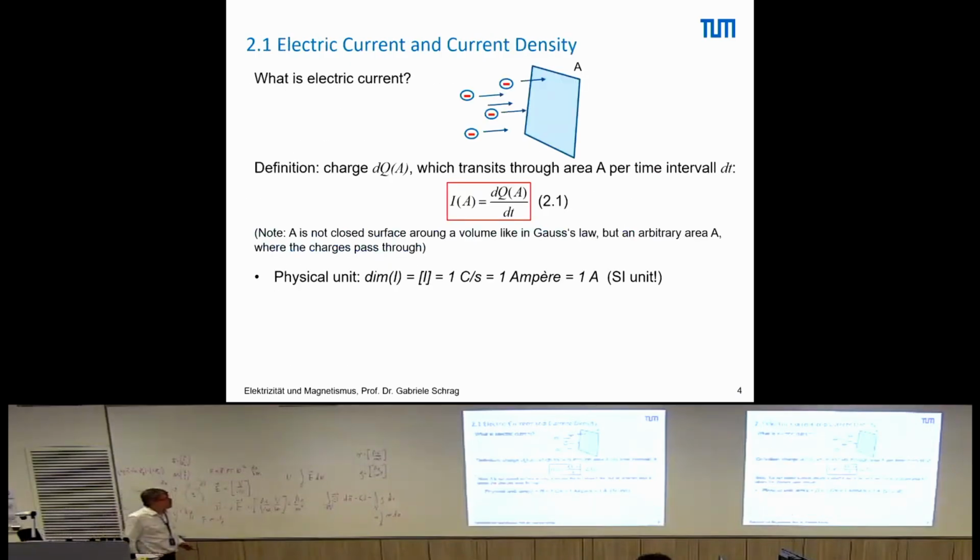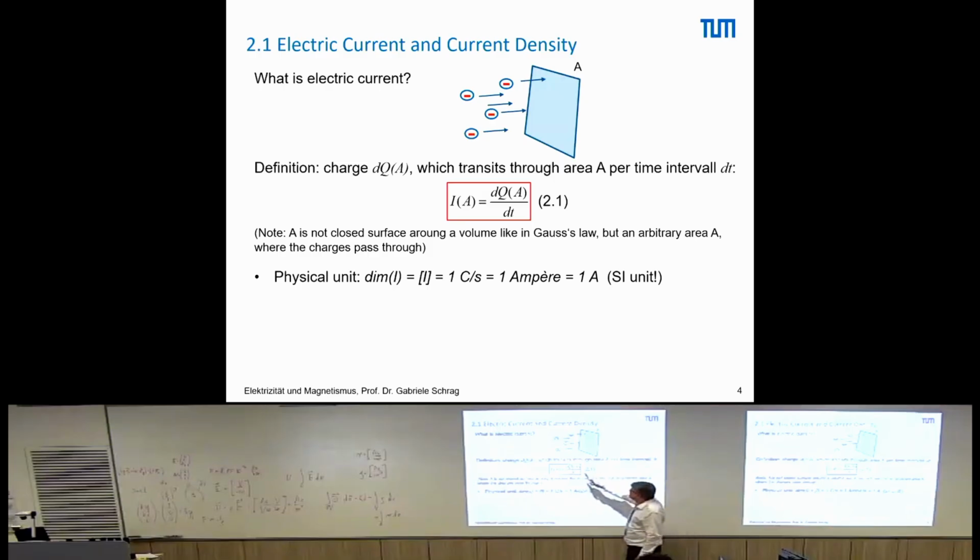What is the electric current? You have here a more global and a local perspective. So you have the number of charge carriers, and now you need some kind of area for reference. These charge carriers will pass through this area, and they will do that within a time interval.